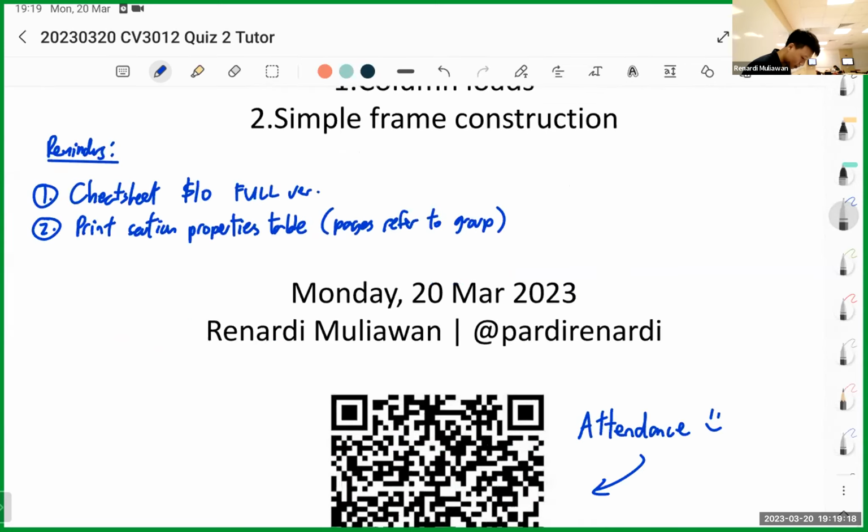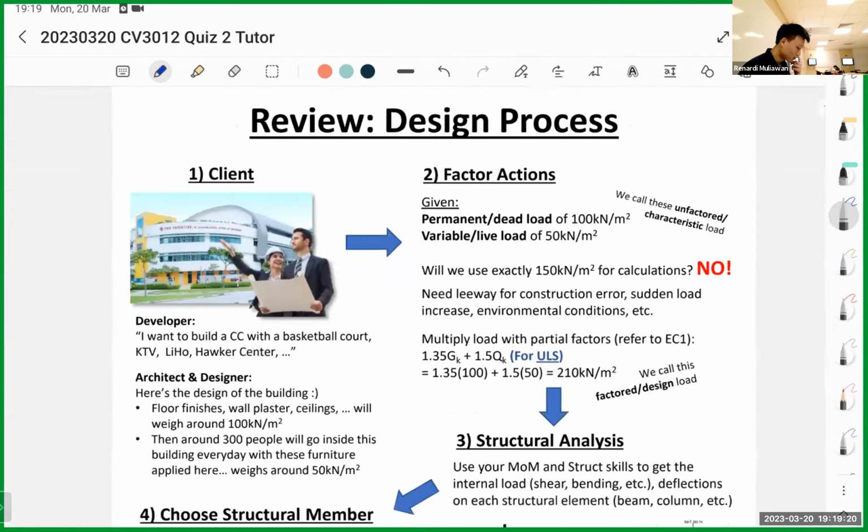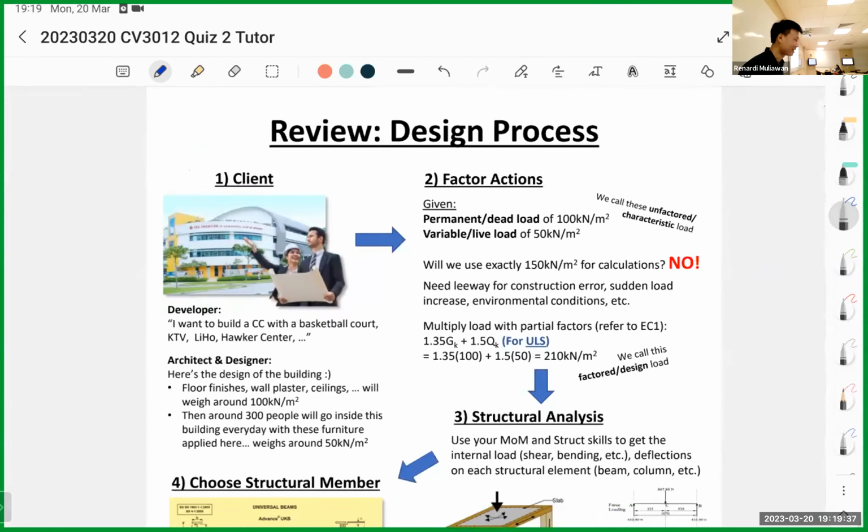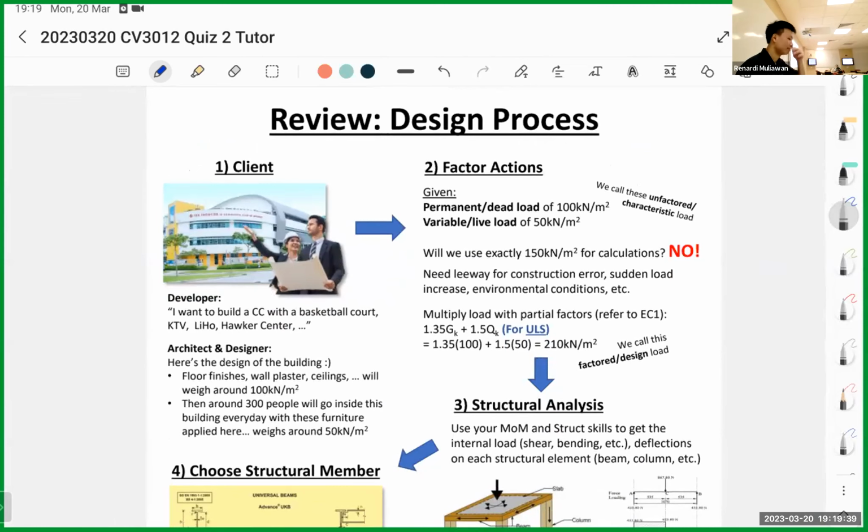All right, so let's just start. As usual, I'll do the concept first before I go to the calculations. This prof is quite famous for repeating the questions. So if you want, just skip to the end, but it's better if you know the whole understanding, because if they change a bit, then GG.